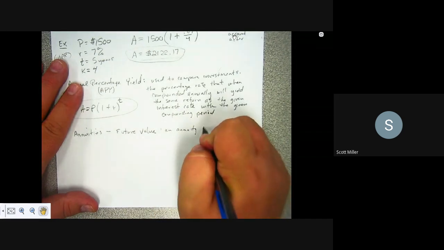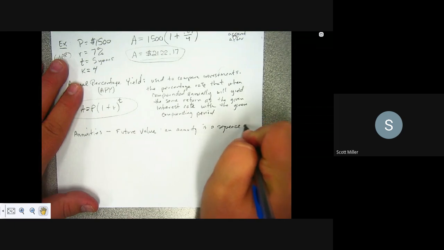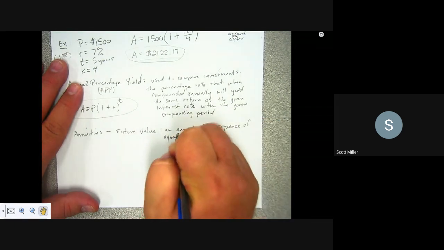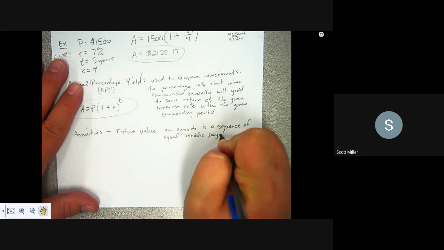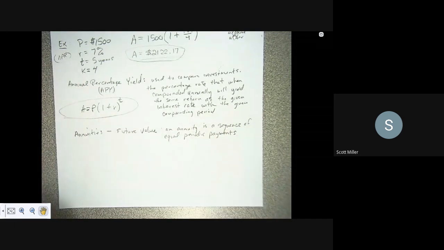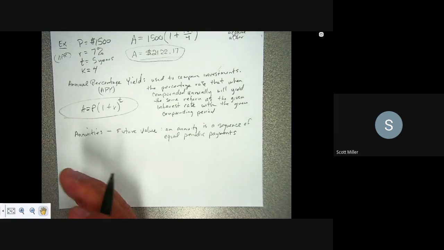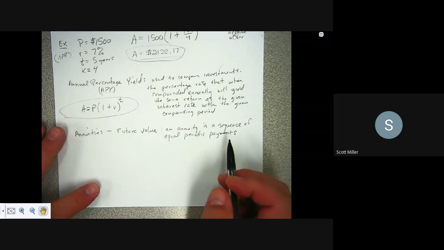An annuity is a sequence of equal periodic payments. What's an example of an annuity? Your investment accounts. If you win the lottery and you don't choose the cash value, you choose the payment plan, that's an annuity. And so that's how they pay for all this kind of stuff.